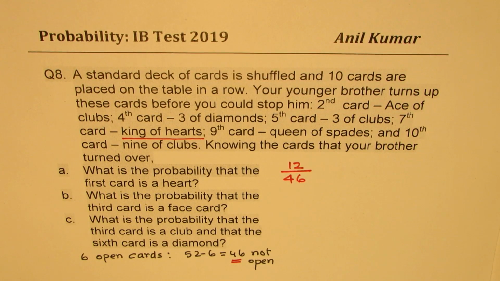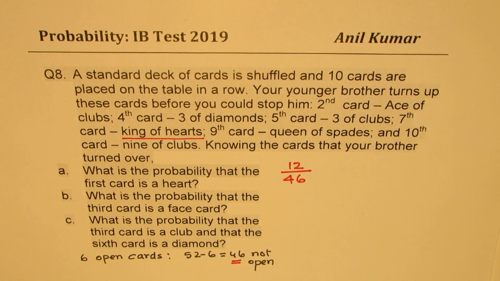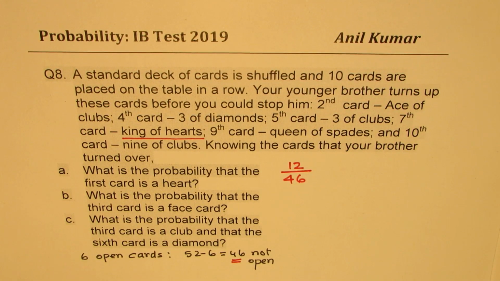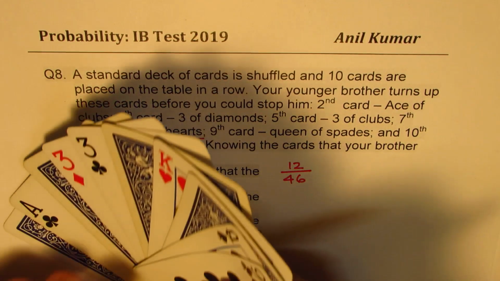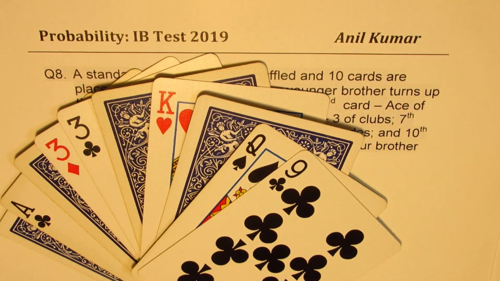Now let's look into part B, which is, what is the probability that the third card is a face card? Now, as far as the face cards are concerned, how many face cards do we have? And how many are already open? Well, we have 12 face cards, correct? King, Queen and Jack are the face cards of 4 suits.